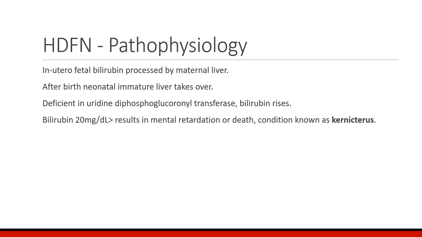After birth, the neonatal immature liver takes over. Unfortunately, the liver is deficient in uridine diphosphoglucuronosyl transferase, and the bilirubin rises. Bilirubin levels of 20 milligrams per deciliter or greater result in mental retardation or death, and also a condition known as kernicterus.